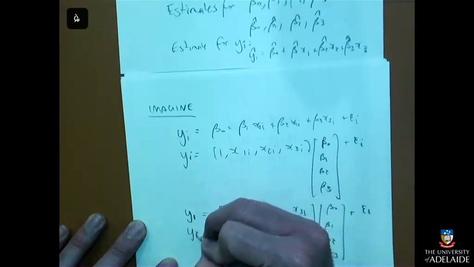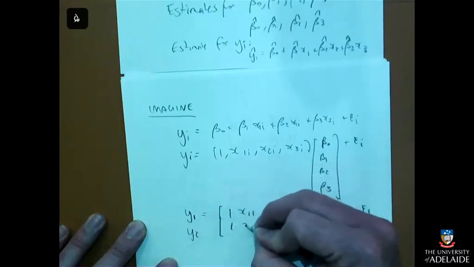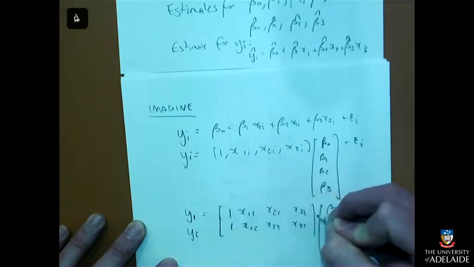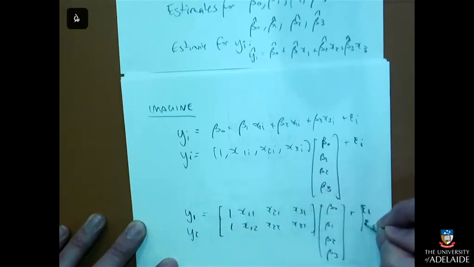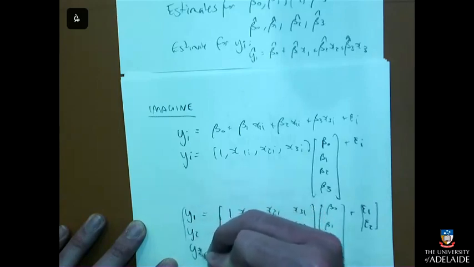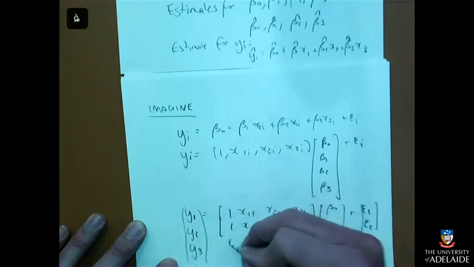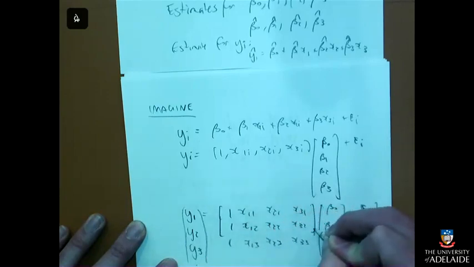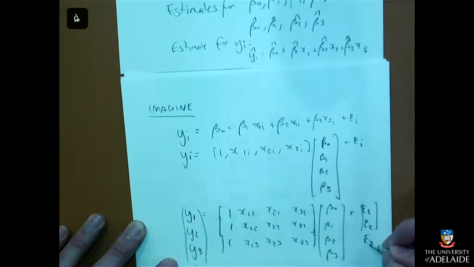But then y2 would be made out of the second set, and y3 would be made out of the third one, and so on, because that's how matrix multiplication works.